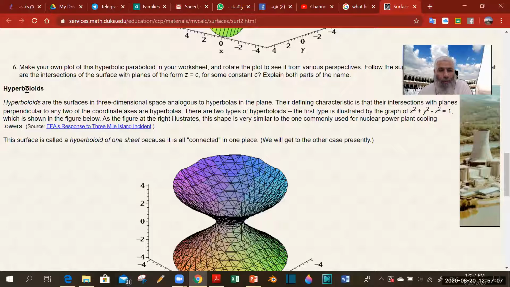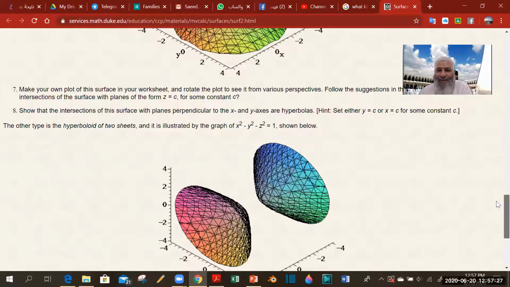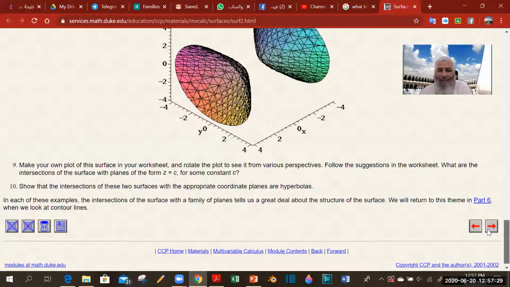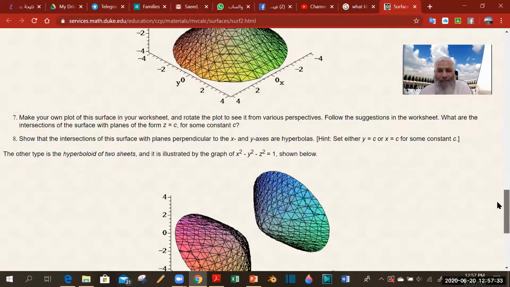Now, hyperboloids. Can you pronounce this? Hyperboloids. This is not our case too.